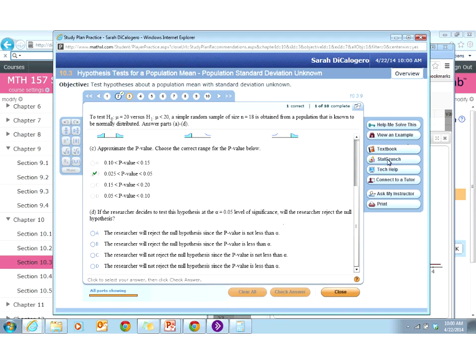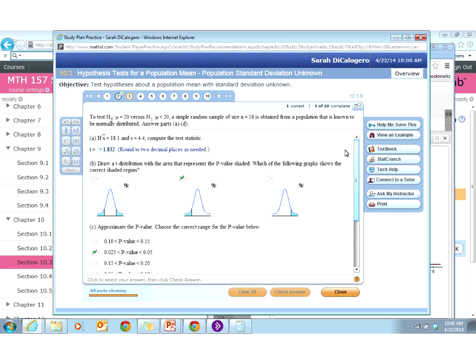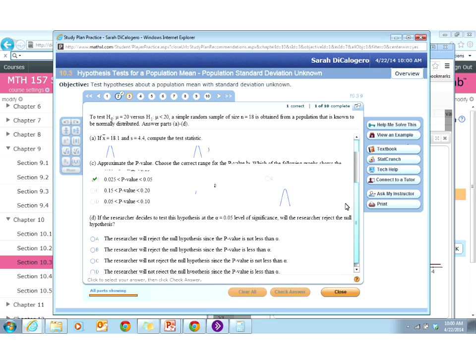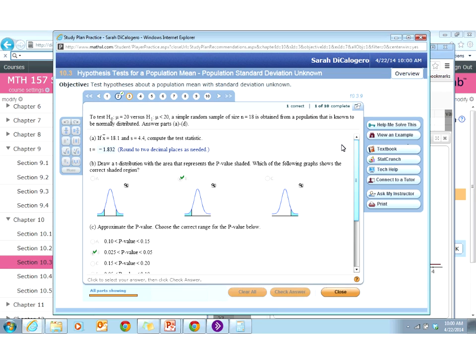All right. Now remember we talked about p-value. Our alpha is equal to, we're testing at t-distribution. Where does it tell us our alpha?